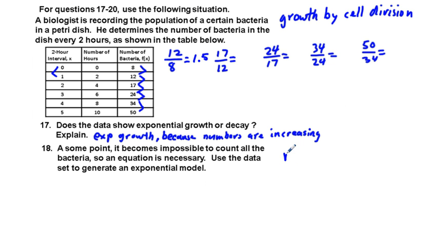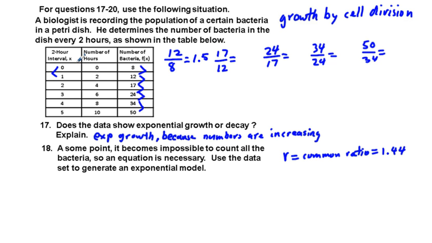So r, the common ratio, equals 1.44. So that's going to be our exponential model.